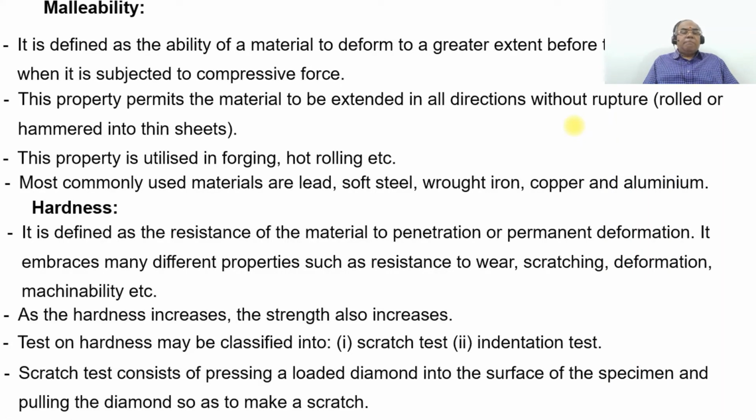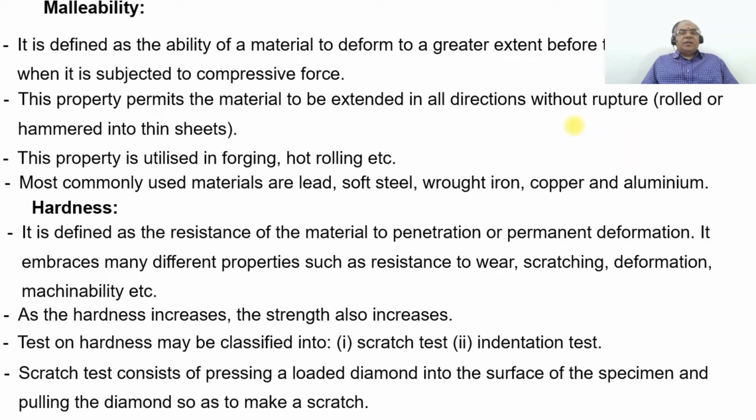Then comes malleability. It is defined as the ability of a material to deform to a greater extent before the sign of a crack when it is subjected to compressive force. This property permits the material to be extended in all directions without rupture.